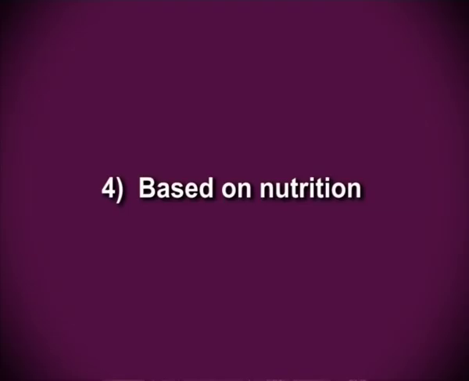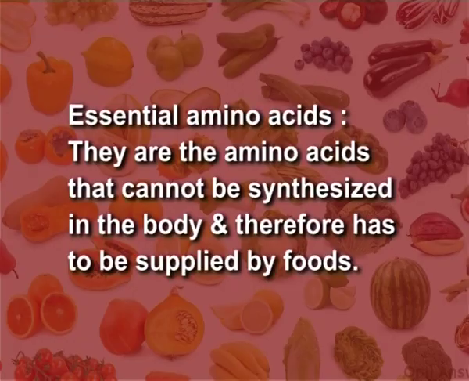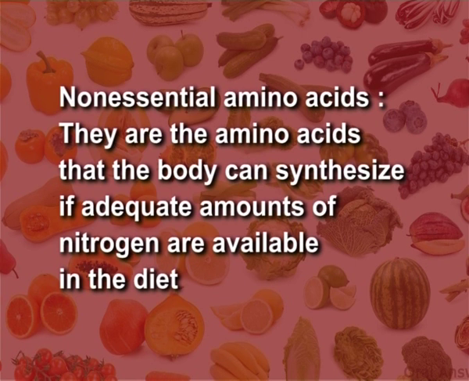The next classification of protein is based on nutrition. Based on their nutrition or physiological roles, amino acids can be differentiated as essential amino acids. They are the amino acids that cannot be synthesized in the body and therefore have to be supplied by the foods. Non-essential amino acids.